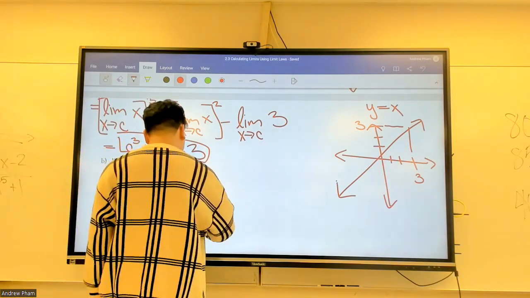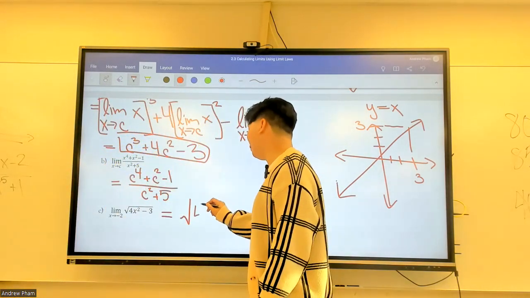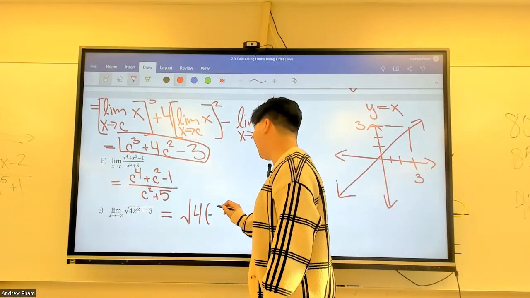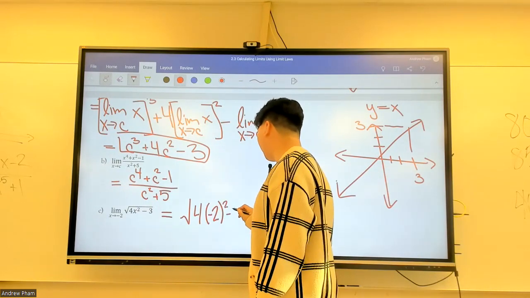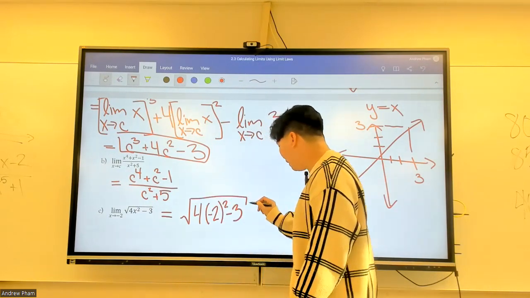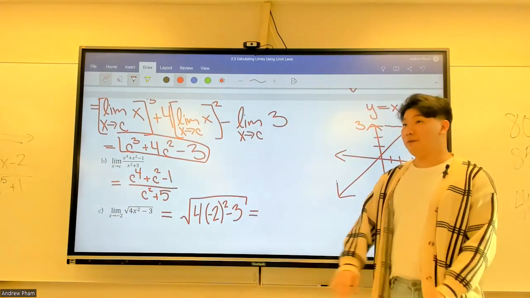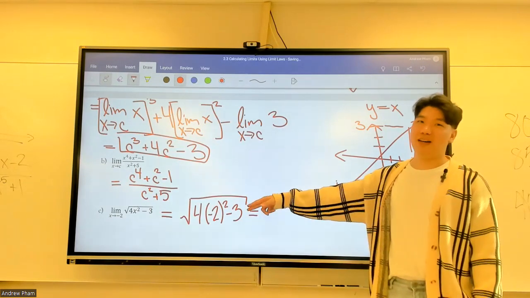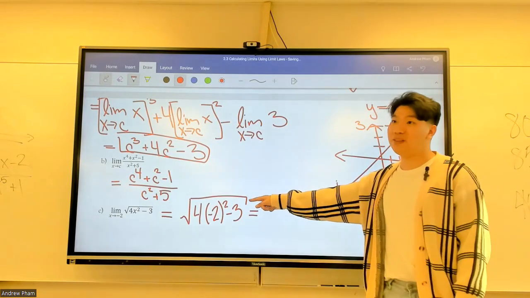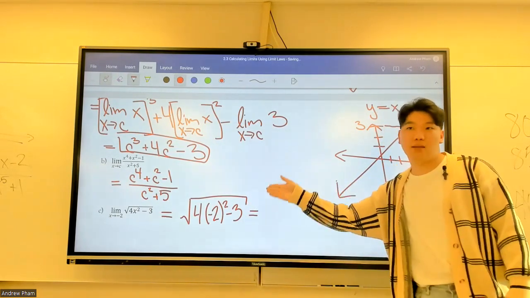So if I plug in -2, I get the square root of 4 times -2 squared minus 3, all underneath a square root. And just so you're familiar with my handwriting, whenever I do a square root, I usually like to put a little tail on it to say it goes all the way to that spot.